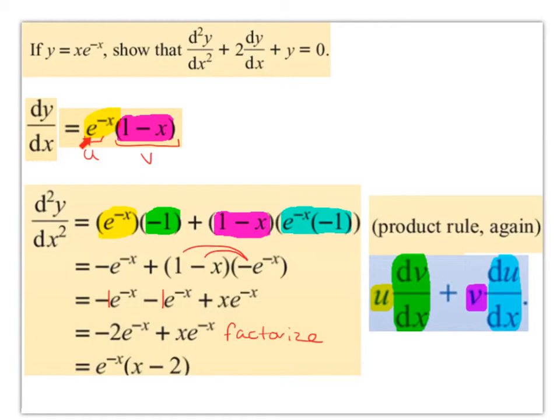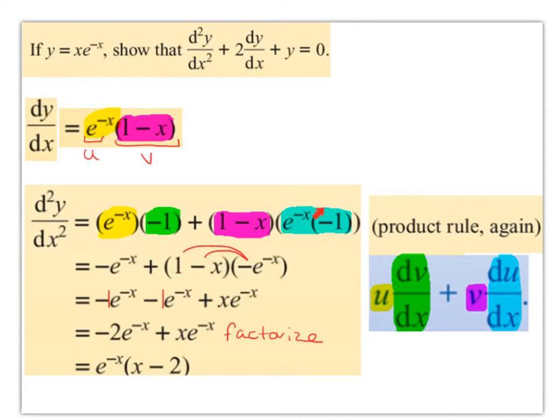So u is e^(-x), so we're going to use the chain rule. We write down e^(-x), and we multiply it by the derivative of the index. The derivative of -x is -1. So now we simplify. e^(-x) times -1 is -e^(-x). And then we bring down (1 - x).